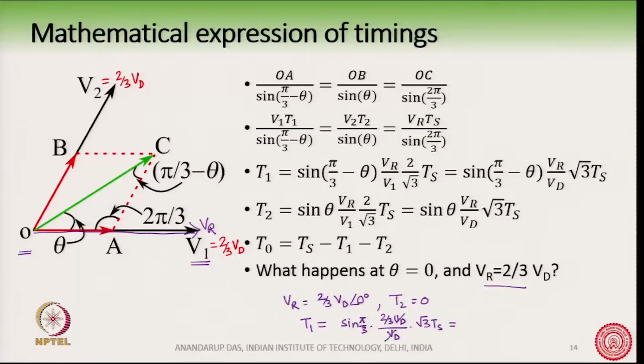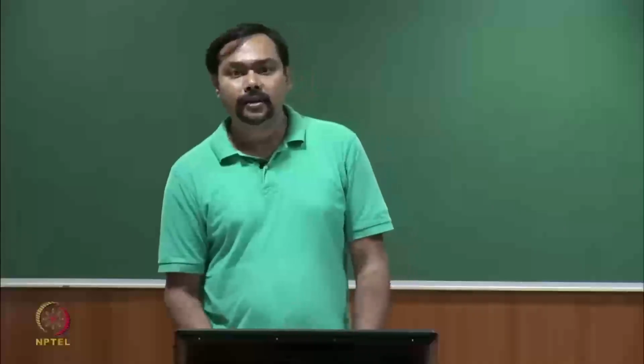So, this value will be root 3 by 2 into 2 by 3 into root 3 into Ts, which is equal to Ts. So, therefore, we find that if VR is 2/3 Vd at an angle 0 degree, then T1 is equal to Ts, T2 equal to 0 and T0 is definitely therefore equal to 0. So, throughout the Ts time period only the vector V1 will be switched.